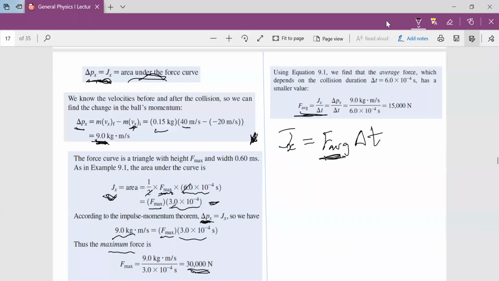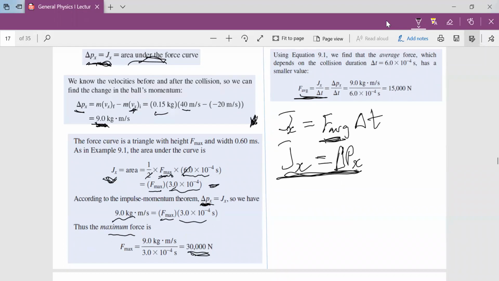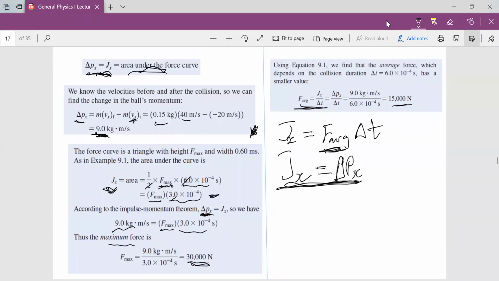We know the value for our Jx, which is equal to change in momentum from the impulse momentum theory. So we have this value of Jx to be 9.0 divided by the change in time as we see in the diagram to get 15,000 Newton.